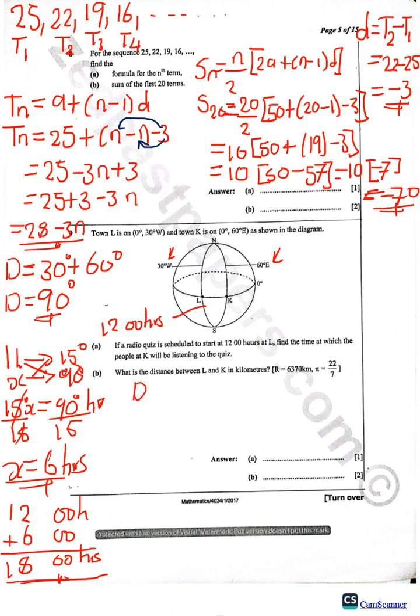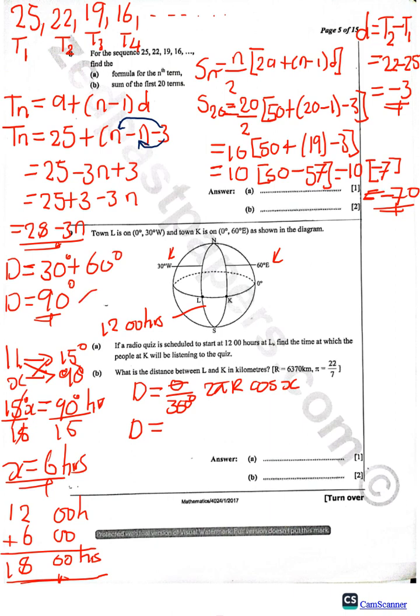So the formula for distance is theta over 360 times 2 pi r cos x, since it is the distance along latitude. So our theta is the difference in longitude.